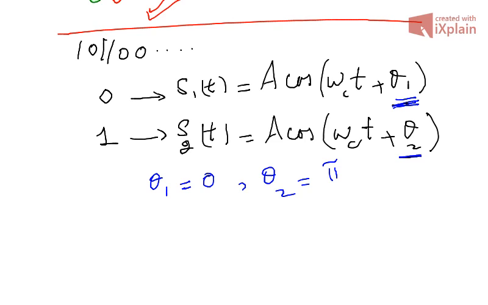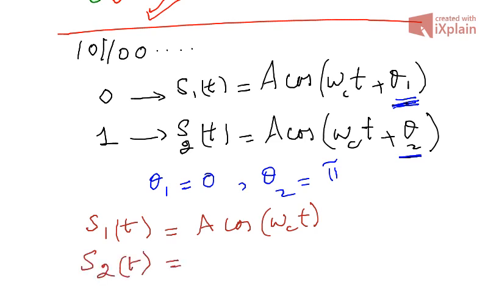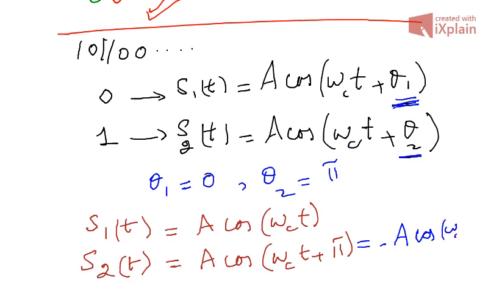Now you can rewrite S1 of t as A cos of omega ct, and S2 of t as A cos of omega ct plus pi, and if you observe this one, this is just minus A cos of omega ct.